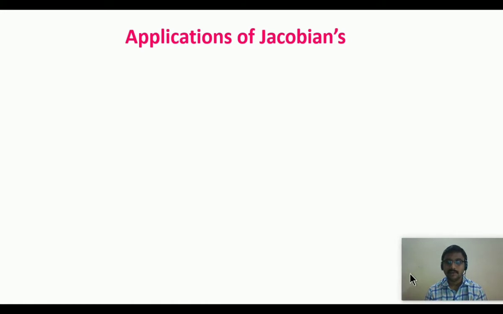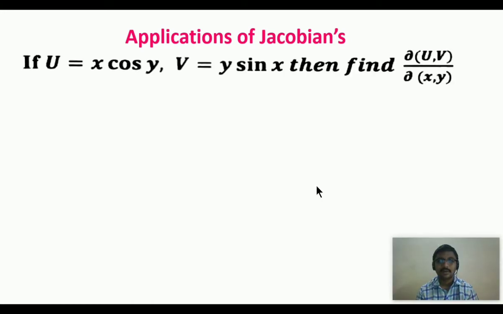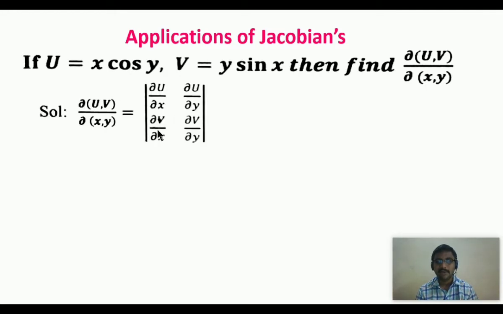Applications of Jacobians. If u is x cos y, v is y sin x, then find ∂(u,v)/∂(x,y). The formula for ∂(u,v)/∂(x,y) is the determinant of ∂u/∂x, ∂u/∂y, ∂v/∂x, ∂v/∂y.